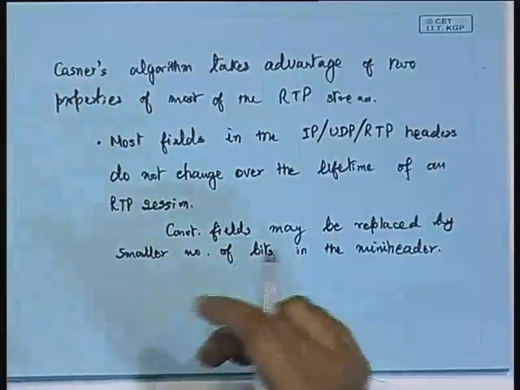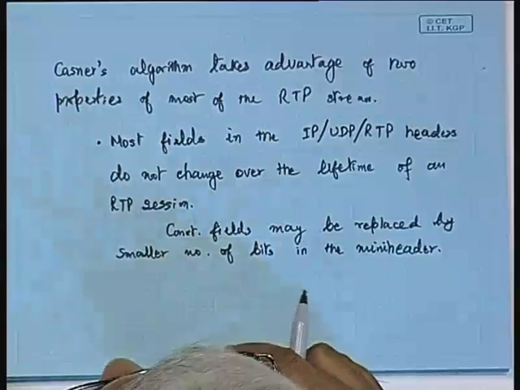Now, everything is not constant, because even though source 1 is sending the packets to destination number 5, the packet is identified with some packet ID. That means some kind of sequence number will be there, because with every packet switching, as you know, there has to be some packet ID, because there is no guarantee that the packets will be delivered exactly one after the other.